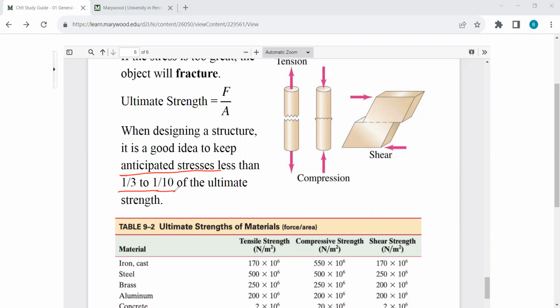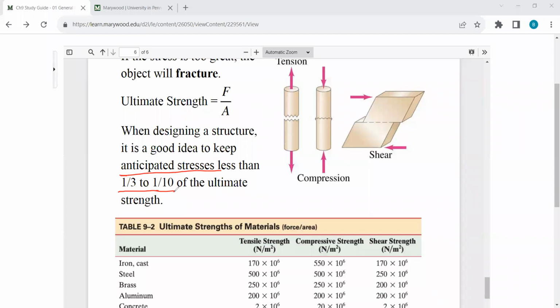So if you follow a career where you have to design a structure, make sure you understand this. If you design a structure, remember that the anticipated stress should be 1/3 to 1/10 of the ultimate strength.